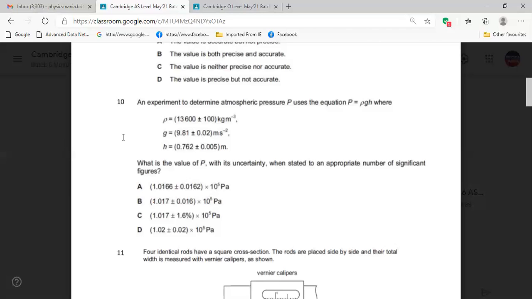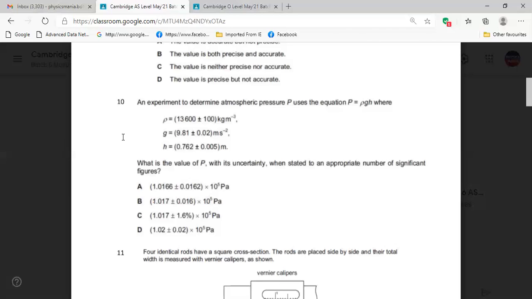P you got 1.017 multiplied by 10 to the 5. Del P is 1624.